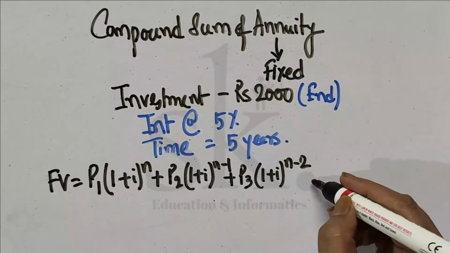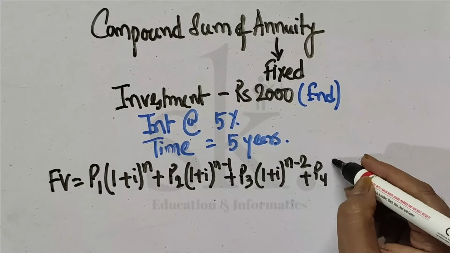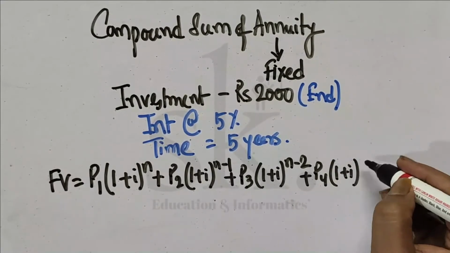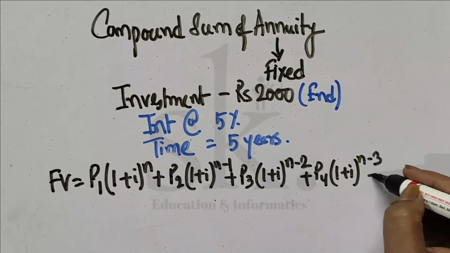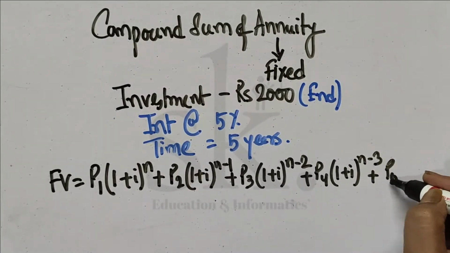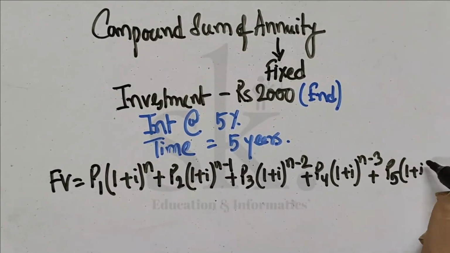This we did last time. Plus P4 (1 plus I) to the power n minus 3, plus P5 (1 plus I) to the power n minus 4.